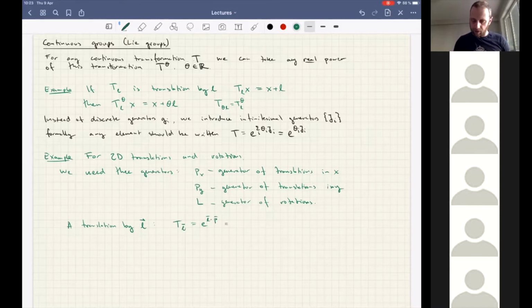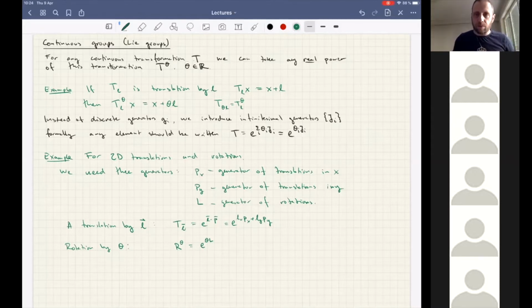So this would be just e to the L_x P_x plus L_y P_y, and a rotation by some angle theta would be written as R_theta, which would be e to the theta L. And then we can, of course, make combinations of those to make combined translation and rotation.